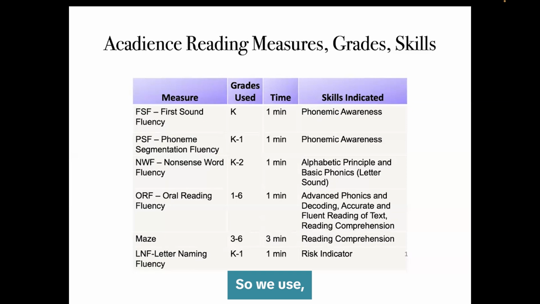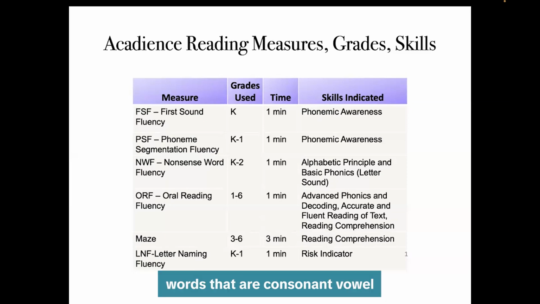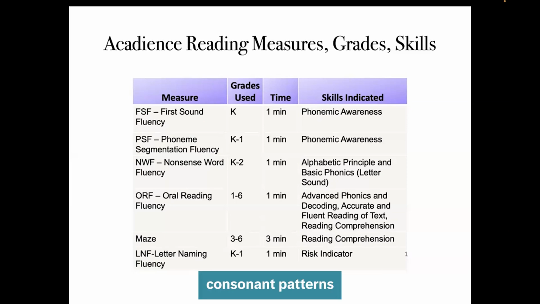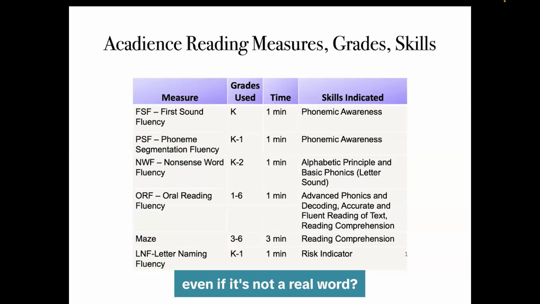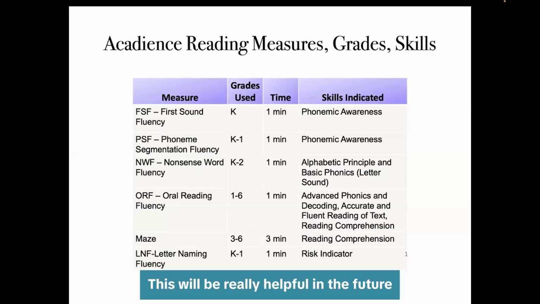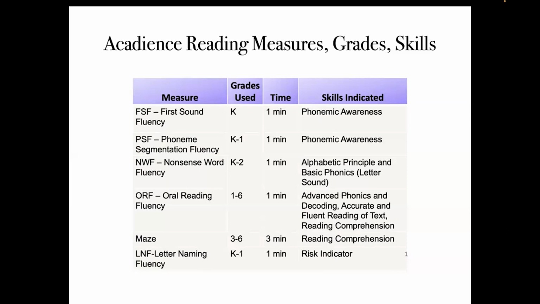So we use words that are consonant, vowel, consonant patterns, or vowel consonant patterns, so that we can test when the student comes to a string of letters, are they so automatic with their letter sounds and their ability to blend letter sounds that they can read that string even if it's not a real word. This will be really helpful in the future when they start reading big words.